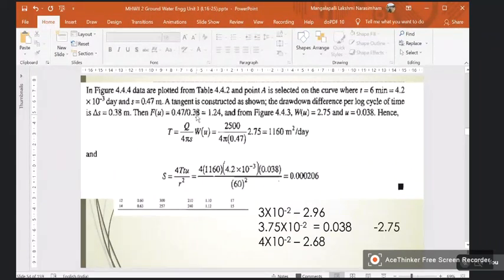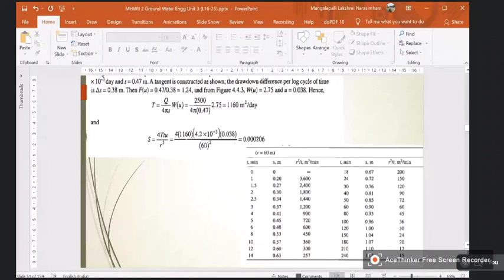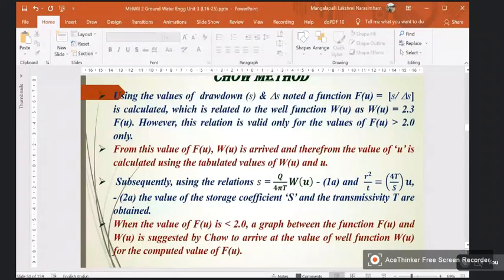So S by delta S, and multiply that by 2.3. WU is 2.3 FU.